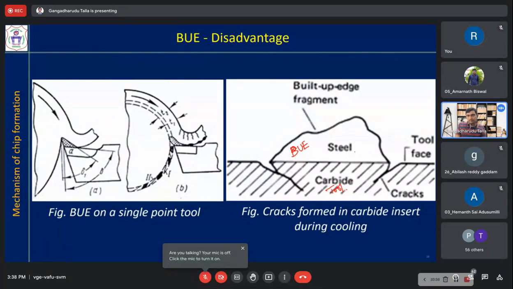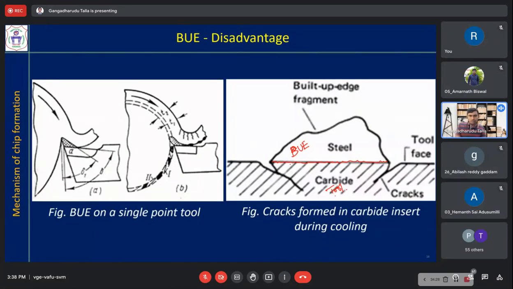Now, obviously, built-up edge is forming due to high temperature only. Now, tool is heated up and built-up edge, that is also at temperature. They are at more or less the same temperature. Okay, the interaction, if you consider this surface. But their melting temperatures are different and they will cool at different rates.